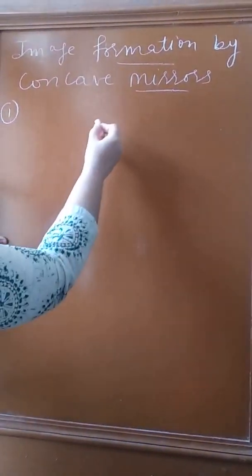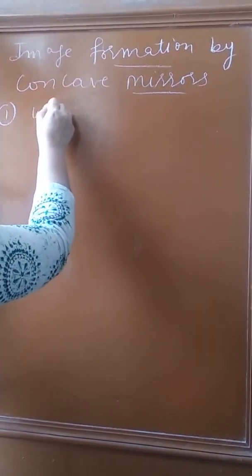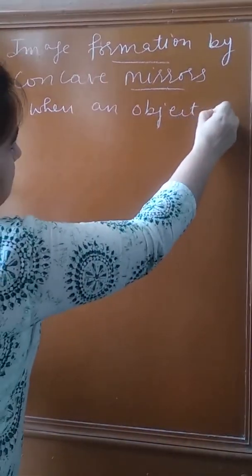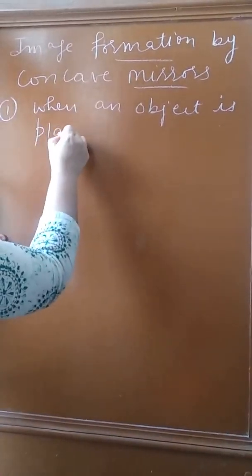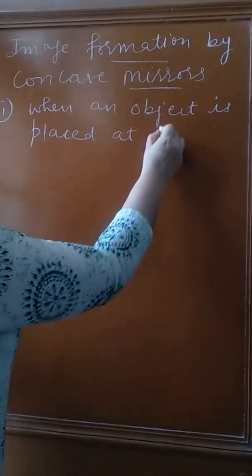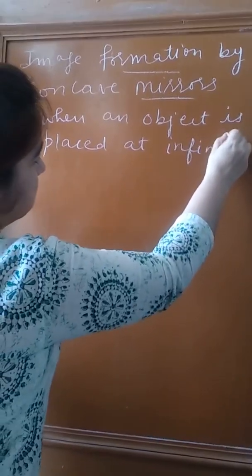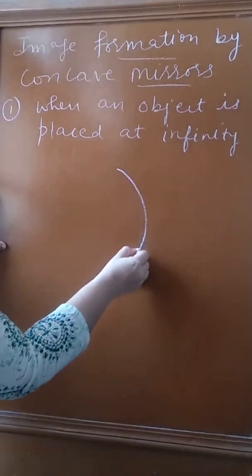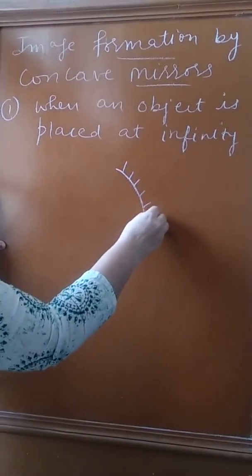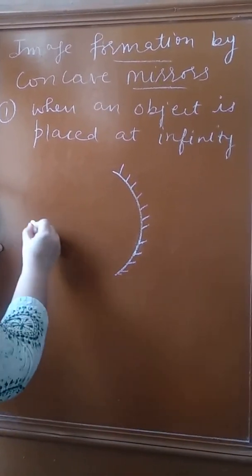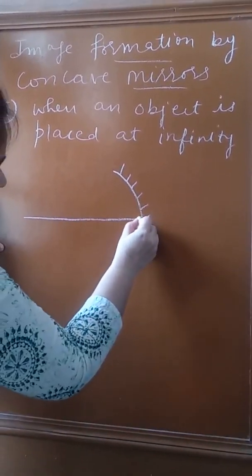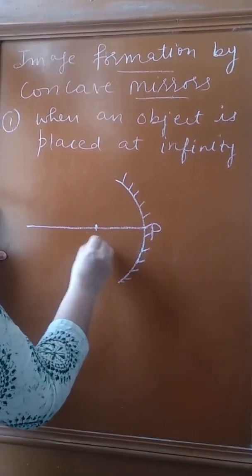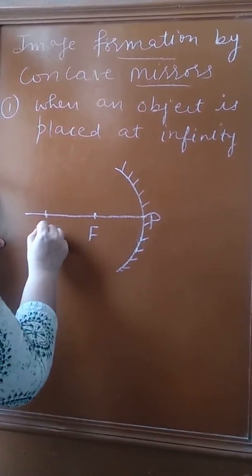First case in concave mirrors, when an object is placed at infinity. When an object is placed at infinity, first of all we draw the concave mirror: pole, focus, center of curvature.